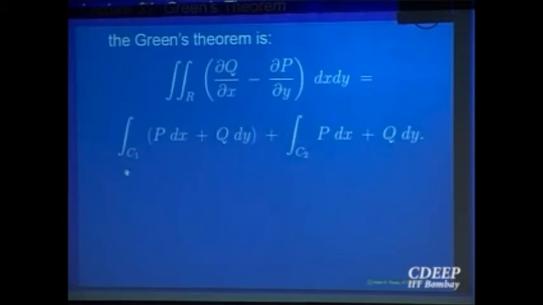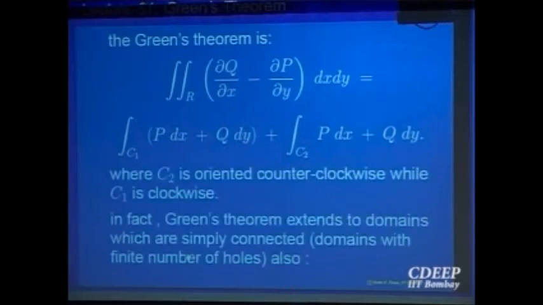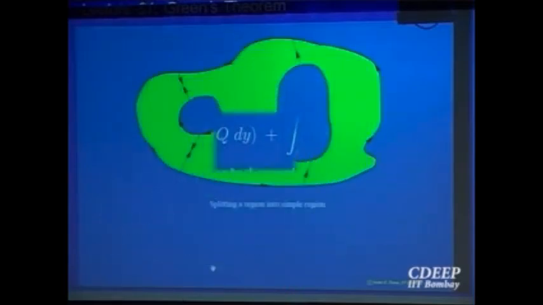So this is only a motivation, but this is not the exact proof. But at least it gives you a feeling that, for example, you want to extend it over a region like this. This is not a simply connected domain in R2, because there are two holes, not only one hole.